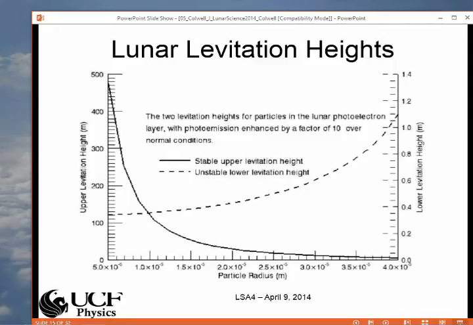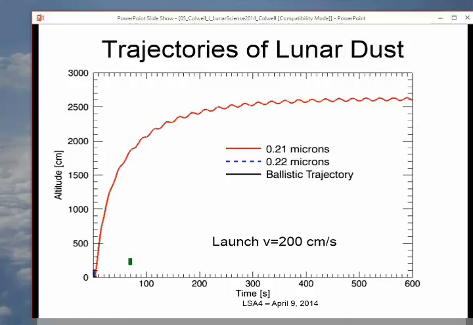I'll just go back one second, where these curves cross 1 is where you've got a possibility for stable levitation. And so there are two levitation heights. The upper one is stable and the lower one is unstable, and on the horizontal axis in this plot is the particle size.